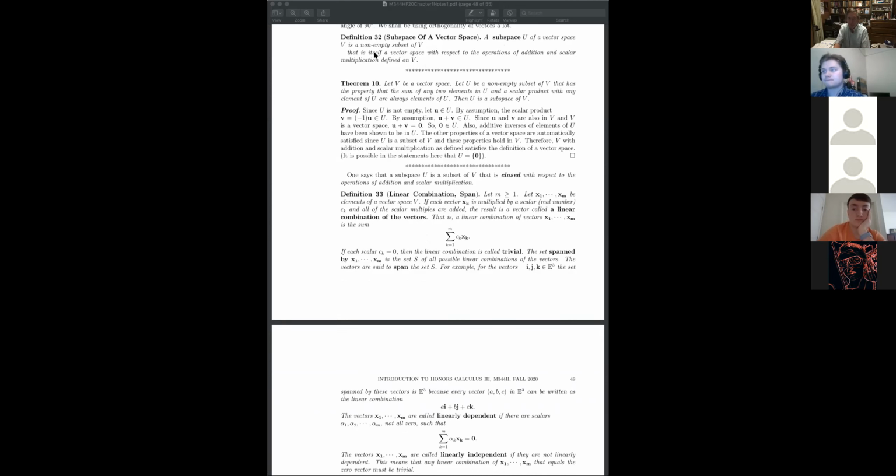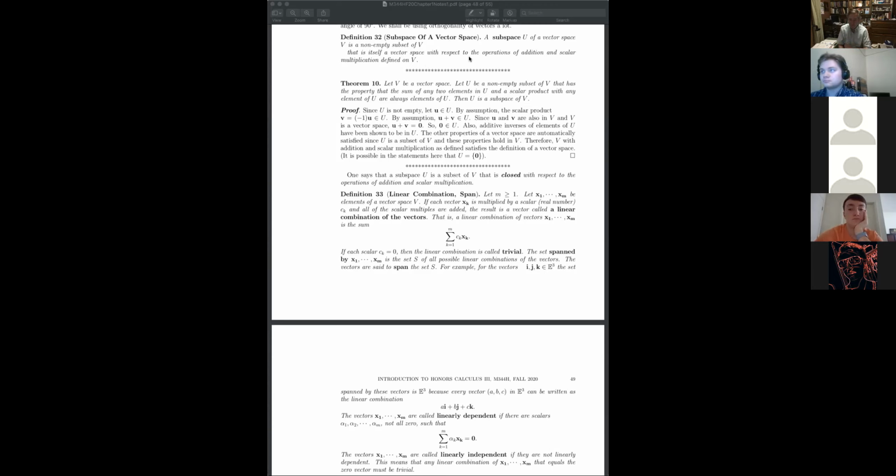We're going to say a subspace is a subset, okay? And if you just stay in that subset and add things together and multiply them by scalars, you still stay in that subset. So what we say is that the subset is closed under addition and scalar multiplication. So it itself is a vector space, all right?